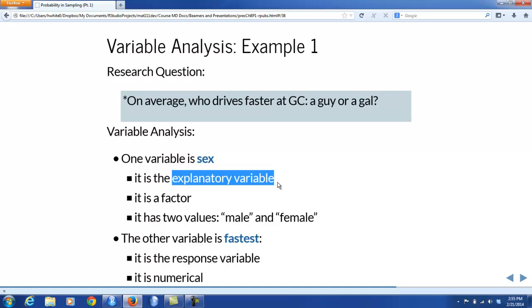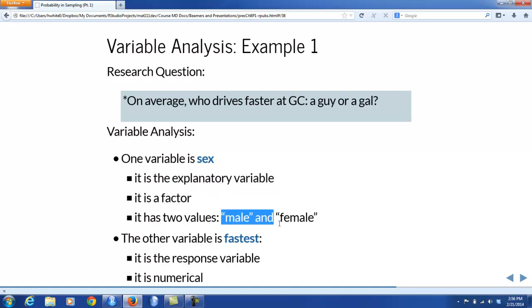We think one's sex might be what makes a difference in how fast one chooses to drive. Now, sex is a factor, and its two levels, its two possible values, are male and female. The variable fastest is our response variable, and that's a numerical variable, various possible speeds.